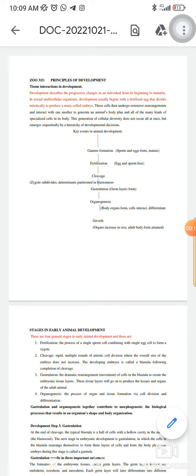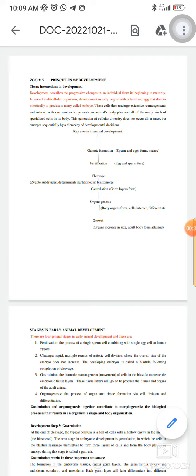So, I'll be taking us on tissue development in Zoo 315, and I'm meant to teach tissue development in Param. Param is just a short form for Pisces, amphibians, reptiles, apes, and then mammals.